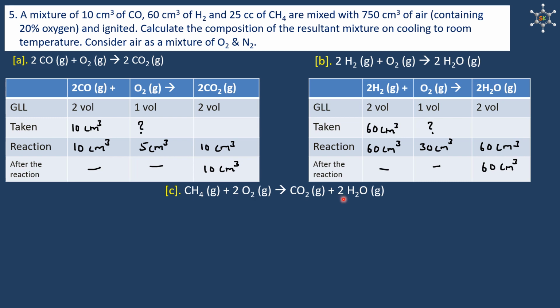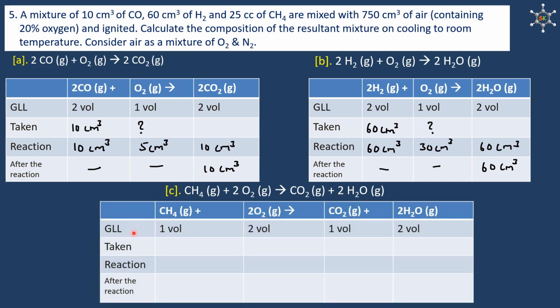Going to the third reaction, according to Gay-Lussac's law, 1 volume of methane reacts with 2 volumes of oxygen, giving 1 volume of carbon dioxide and 2 volumes of water vapor. The amount of methane taken is 25 cc.